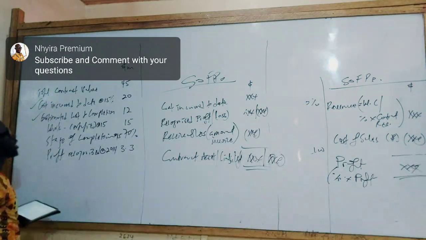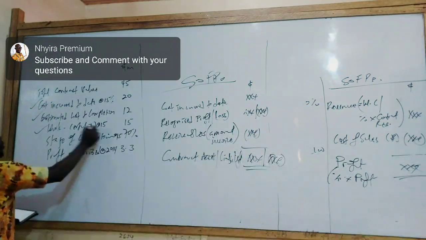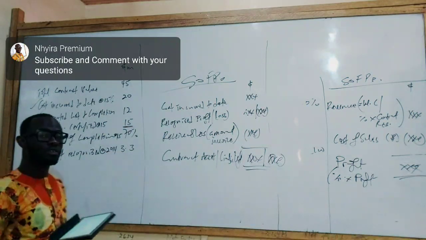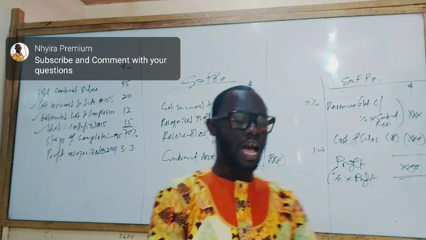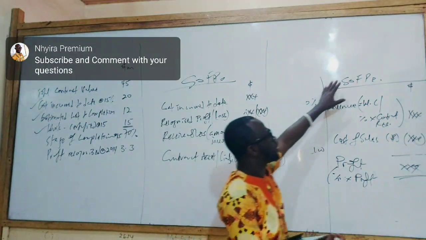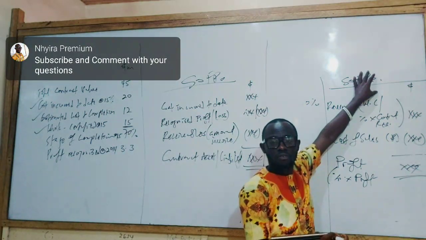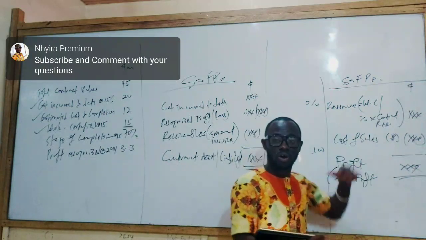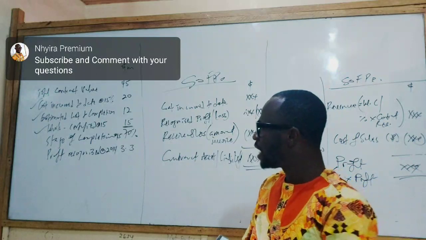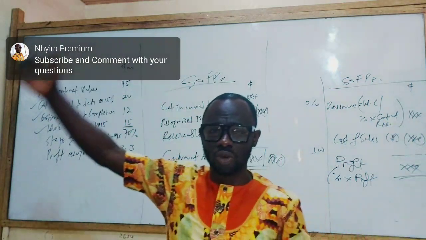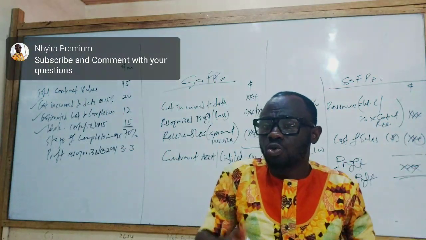This is the estimated cost to completion. This is the work certified in 2015 in relation to that. Now, remember what I told you. When we are preparing the statement of financial performance, the revenue could be the work certified. So in a question like this, they've done the work in 2014 and we are in 2015.